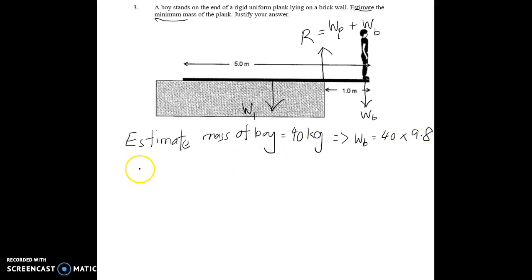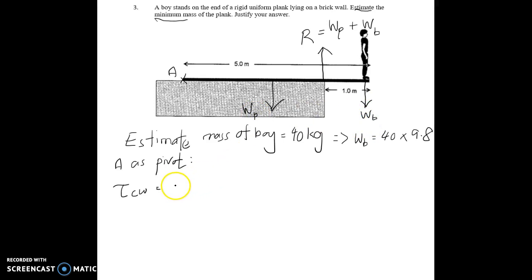Now we can solve this by using the idea of torque again. Maybe I choose this end here, point A, as the pivot. So I have to work out my clockwise and anti-clockwise torque. Clockwise torque is given by the weight of the plank as well as the weight of the boy.